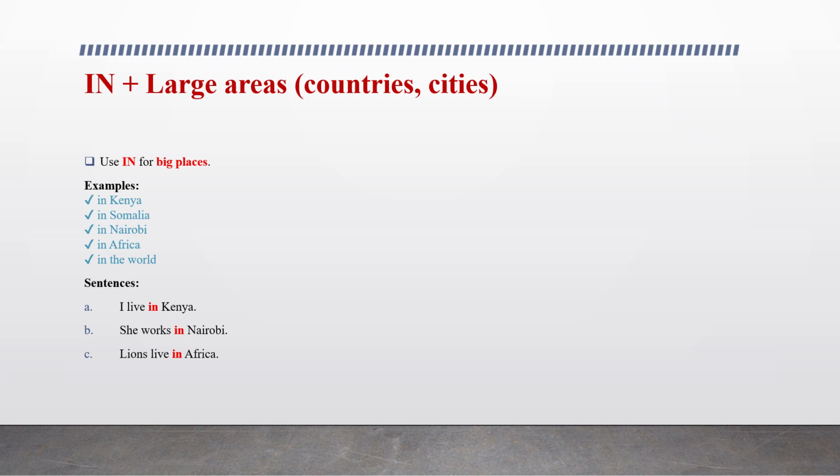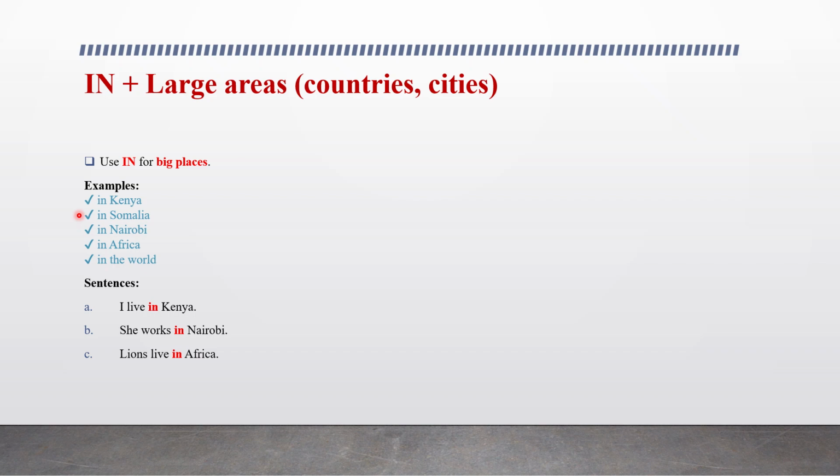When you are using in to represent big places, you can talk about a country like in Kenya, in Somalia, a city like in Nairobi, a continent like in Africa, or a very large area like in the world. So we are using in when you are referring to large areas or very large areas.